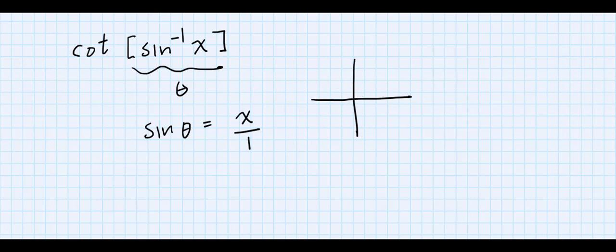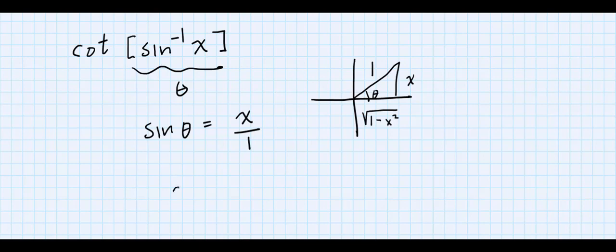Since sine is positive, we're looking for this triangle right here. So opposite is x. Our hypotenuse is 1. So what is this value right here then? Well, using the Pythagorean theorem, you're going to get radical 1 minus x squared.